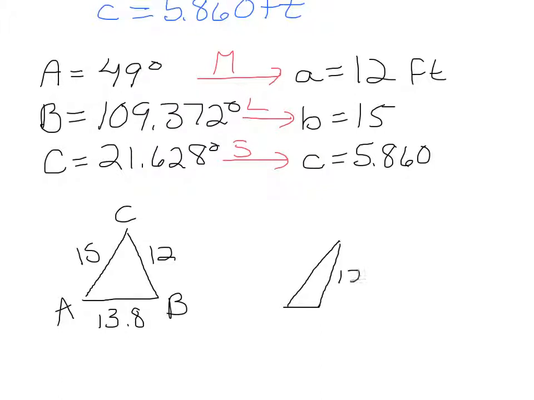So this is 12, 15, and 5.86. Those are two possibilities that could happen with these facts.